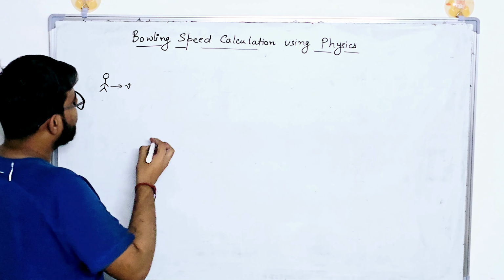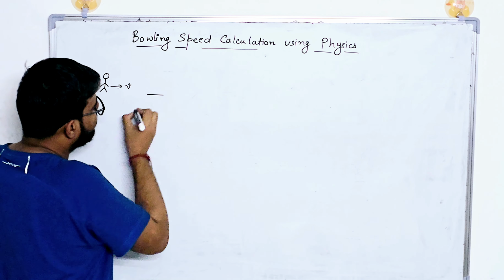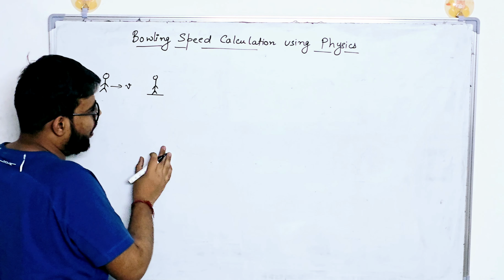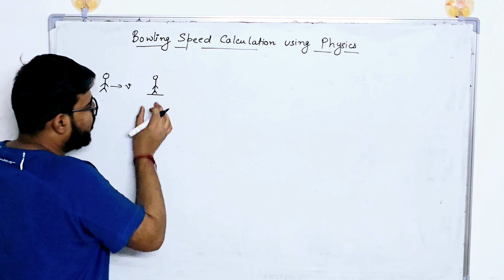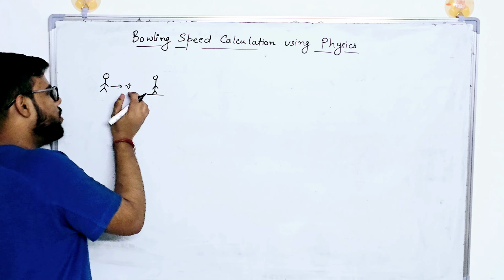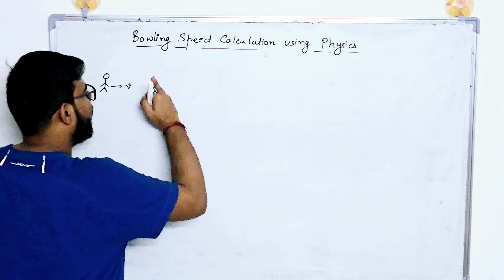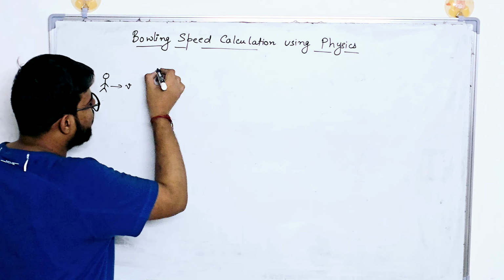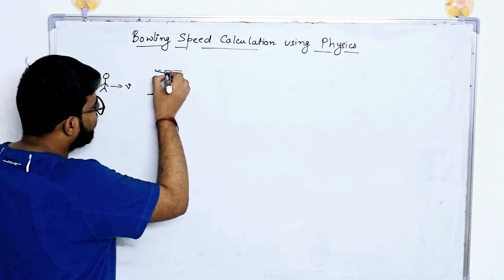Okay. Now this was the crease, suppose, and I bowled from here, right? I am neglecting all the footwork and everything. Just I am going to consider this v velocity, and while throwing the ball, maybe I threw it at an angle theta, right?